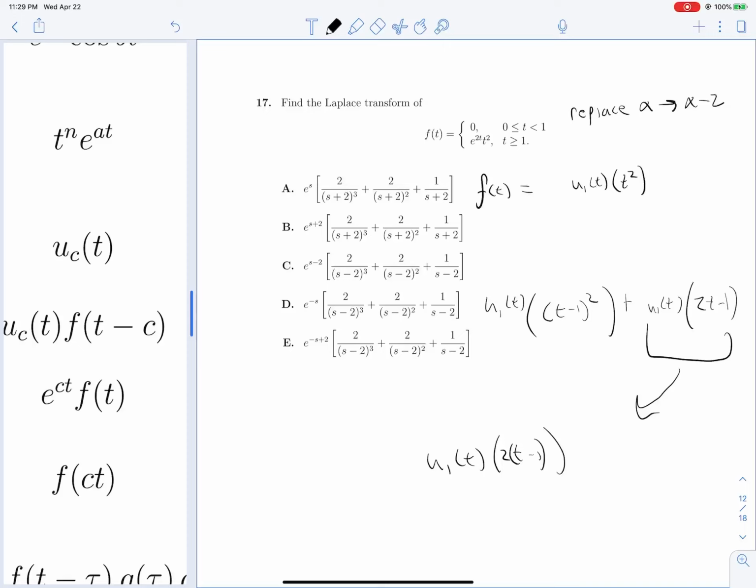And what we've done there is subtract 1, so we need to add u1 of t multiplied by 1, right? Because this will be 2t minus 2, and then we add a 1, and that's our 2t minus 1.